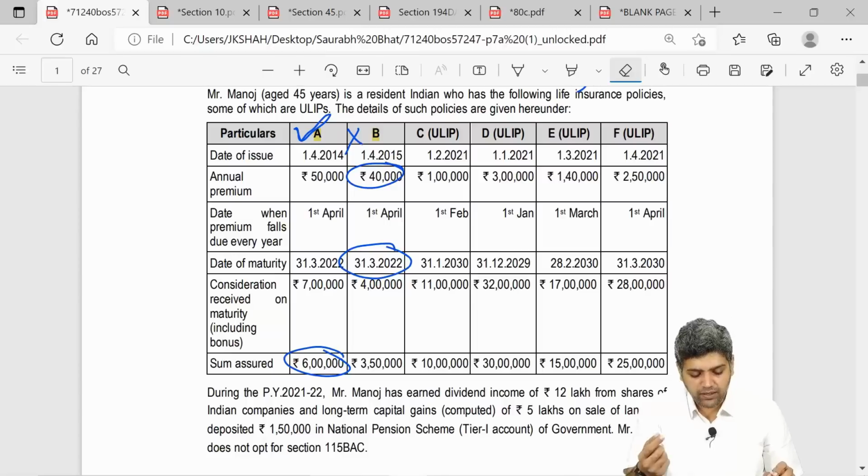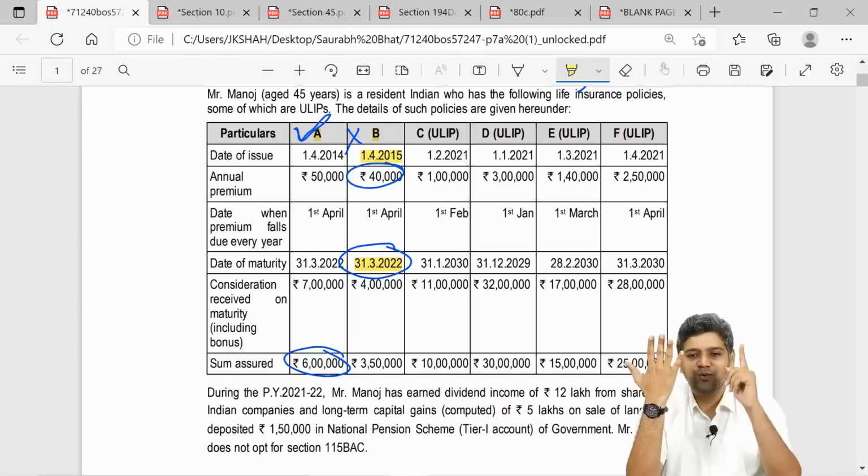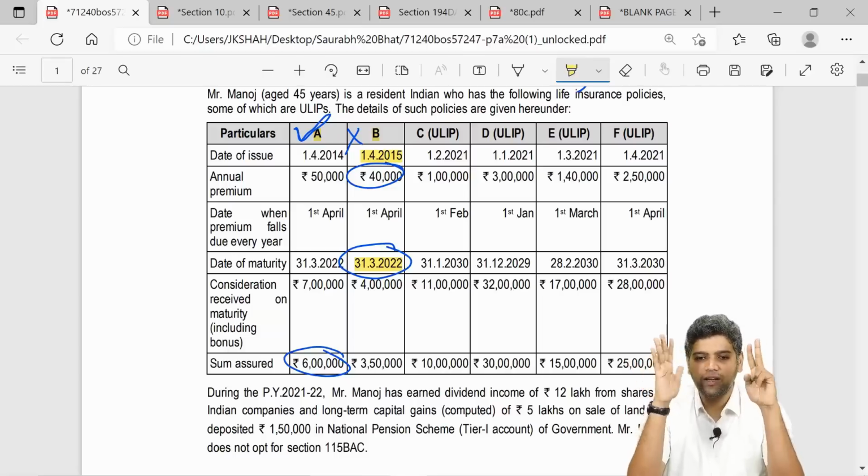So if we only talk about policy number B, what is the income arising on maturity of policy B? This particular policy was taken in the year 2015 and its maturity date is 31st March 2022. So how many years did I pay the premium? I paid the premium on 1st April 2015, 2016, 2017, 2018, 2019, 2020 and 2021. So I paid premium for 7 years.